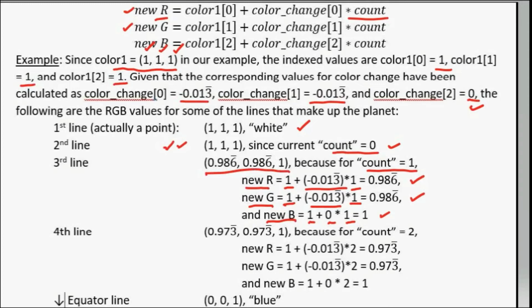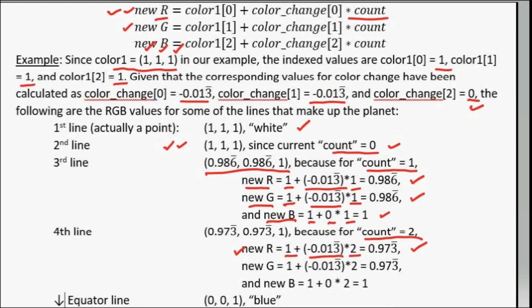For the fourth line, our count now is 2. And what is our new R here? Using the formula on the upper portion of the screen, new R is equal to the first index item for color 1, which is 1, plus the first index item in color change, which is negative 0.013 repeating, multiplied by the count here, which is no longer 1, and see what the new result is.